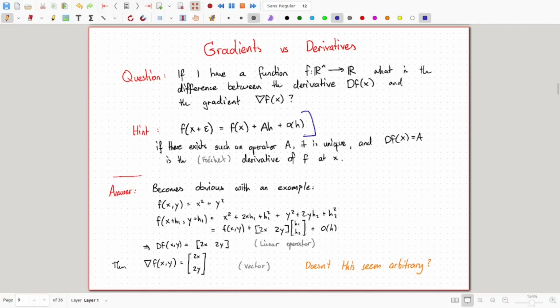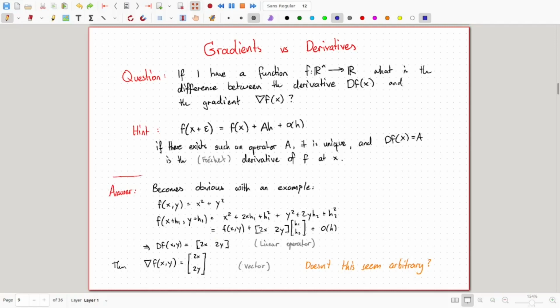I'm just going to directly apply this definition here, and what we end up getting is the following expansion. So if we match up what A is here, you can see that our derivative at the position (x, y) is this row vector, you could say, or that matrix, (2x, 2y).